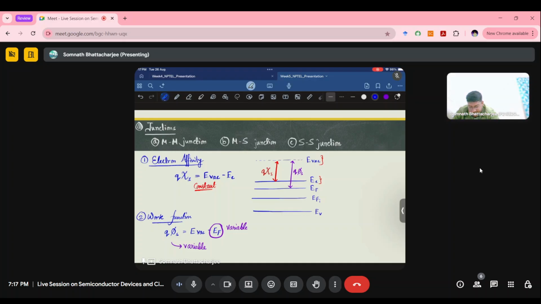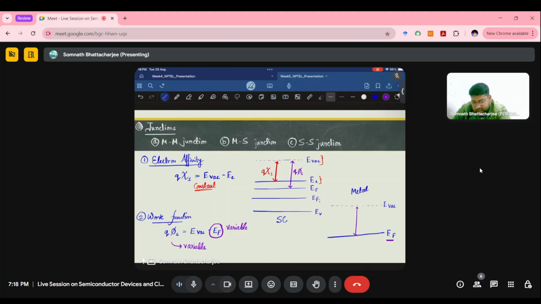For a metal, let's say this is the vacuum energy level, and this is the Fermi level, EF. This is for a metal and this is for a semiconductor. In the case of metals, this is the work function, and it doesn't change because the Fermi level for a metal is constant.